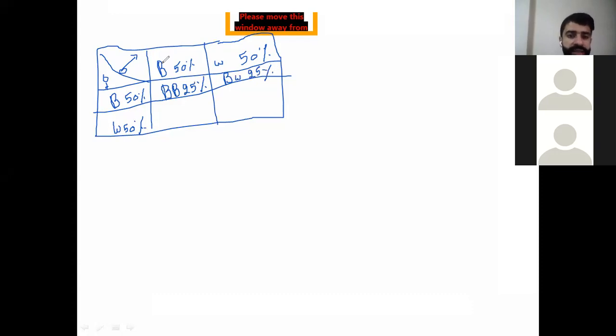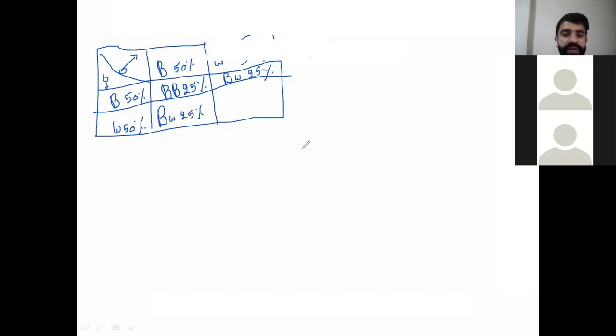Also we have W times B, which is going to be BW, also 25%. And we have the last one, small w small w, 25%. How did you get 25? It's 50 times 50 over 100. So this is the 50%, 25%.